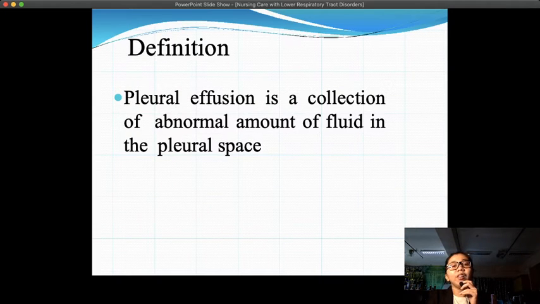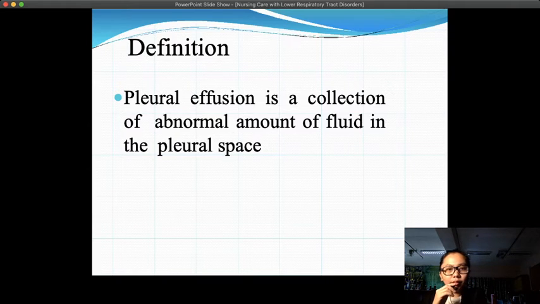When we say pleural effusion, there is a collection of abnormal amount of fluid in the pleural space. So, ang normal, 10 to 20 ml ang nandyan in the pleural space that's surrounding the lungs. Now, if there is pleural effusion, sumobra, naging 50 ml.